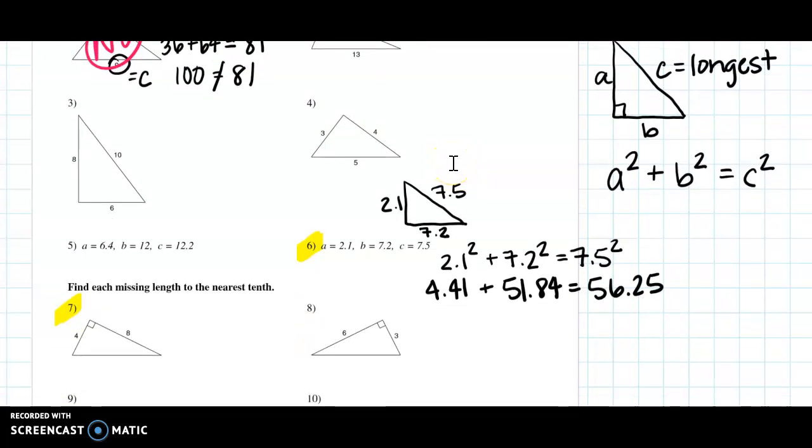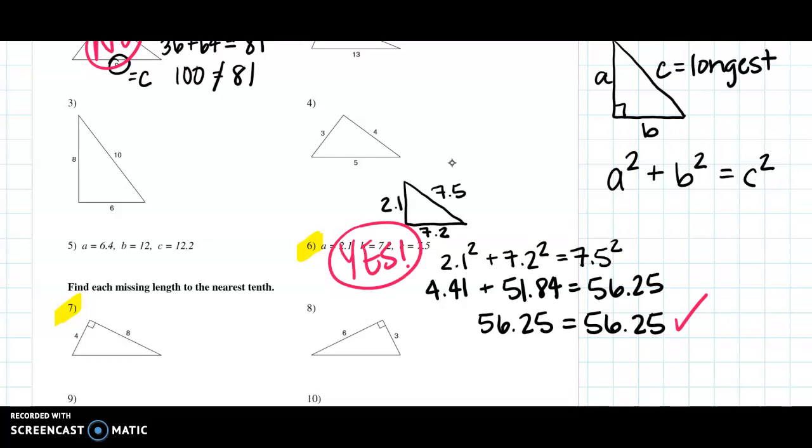Let's see what 4.41 plus 51.84 equals. It's 56.25. Since these are equal, this is a right triangle. And our right angle would be right there.